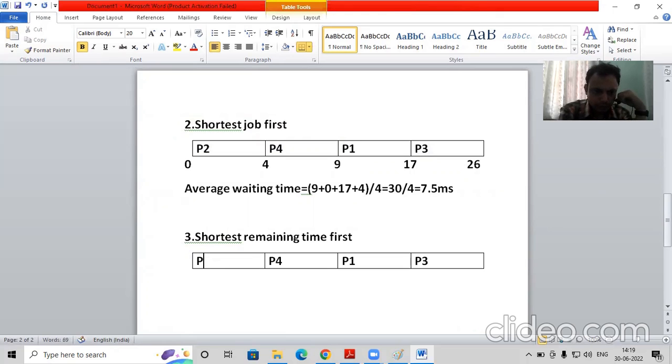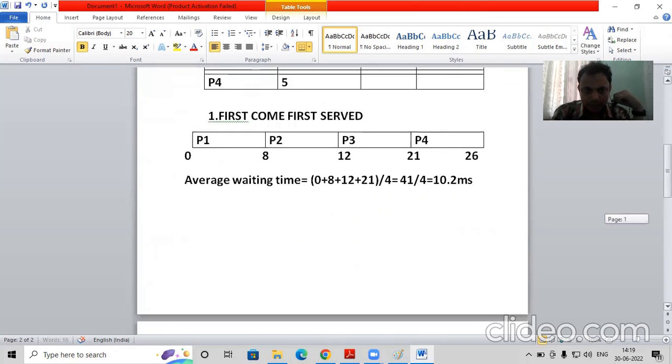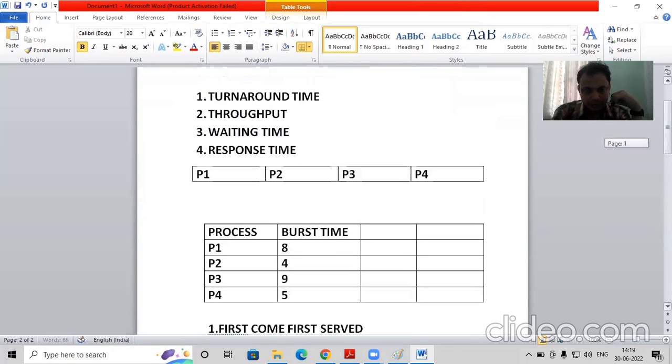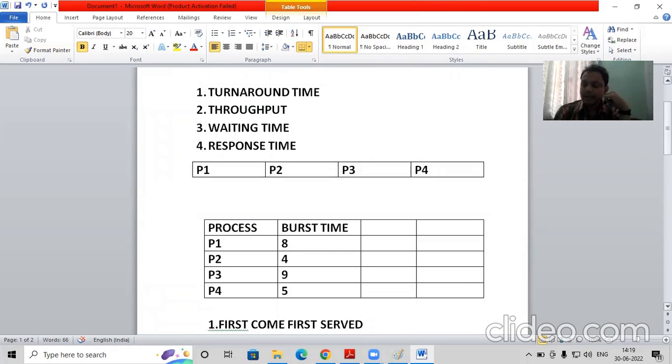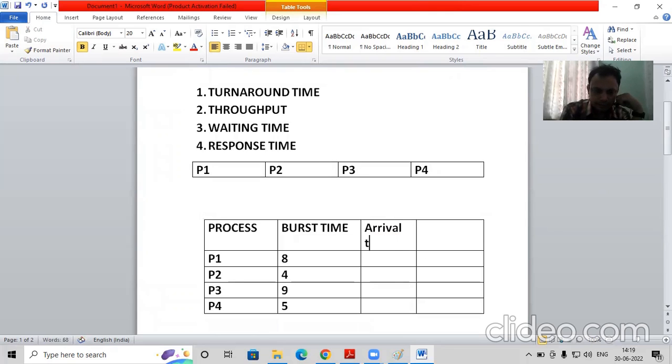P1 will come, but before it is executed, in this algorithm we have to add another parameter that is called arrival time. Suppose I am giving some arrival time here.